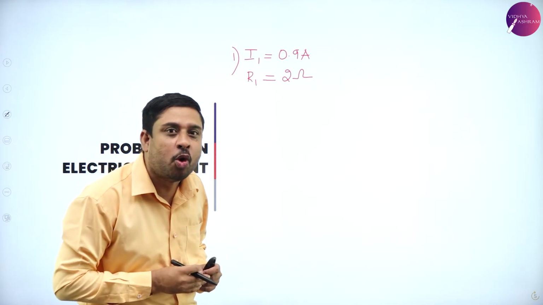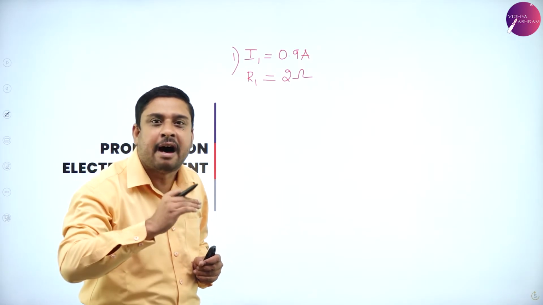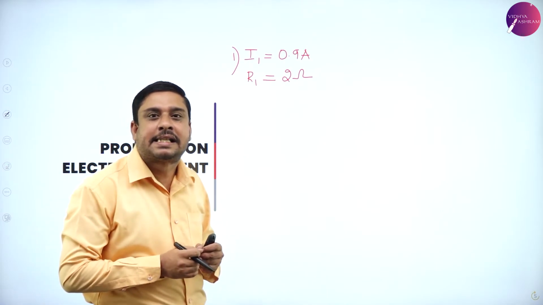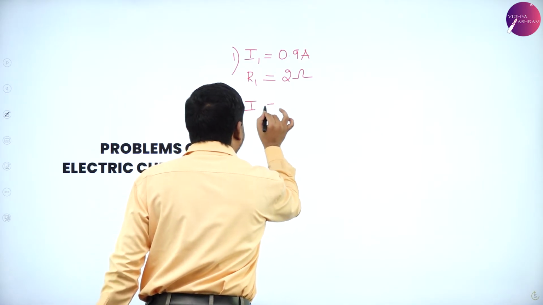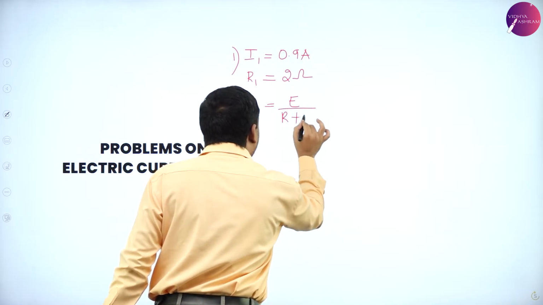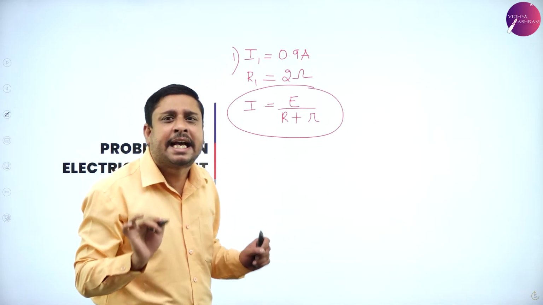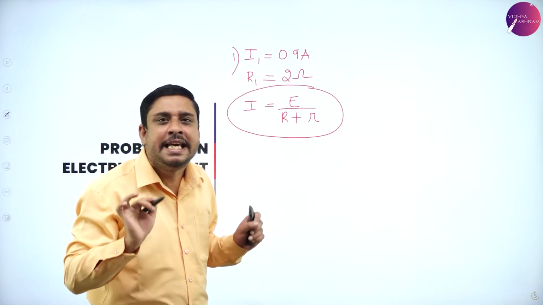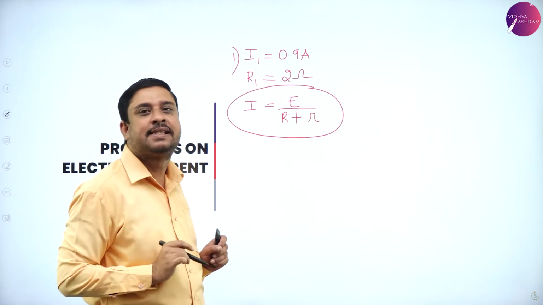You should know the relation between current, EMF and internal resistance of a cell. So we know I equals E divided by R plus r. This is the basic expression for current in terms of EMF and internal resistance. You have to keep this in mind.